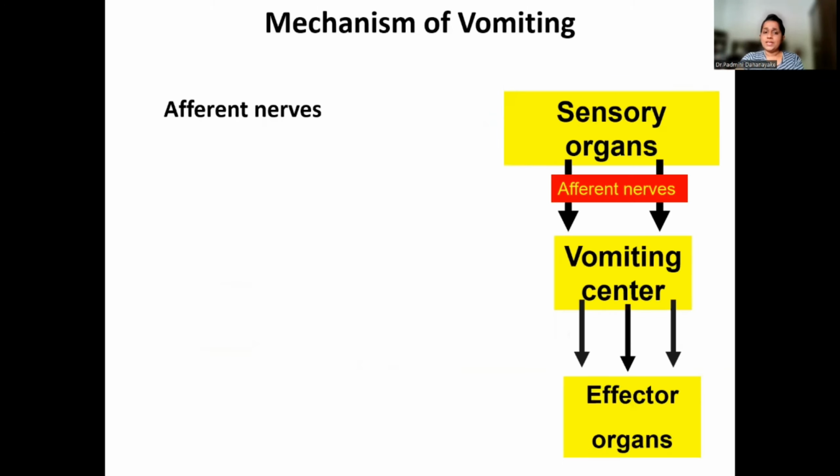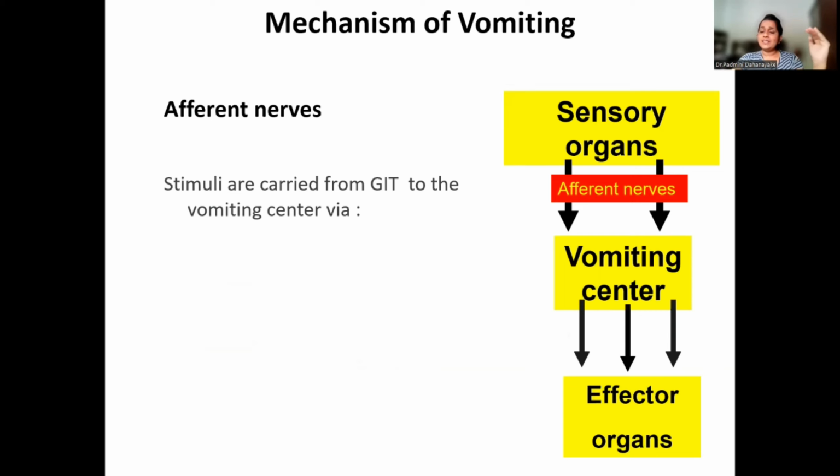We will see. Then I told you there are sets of wires which will connect all these structures. Now, if the sensory organs are stimulated by any kind of toxic substance or irritating stimulus, they will send signals to our vomiting center.